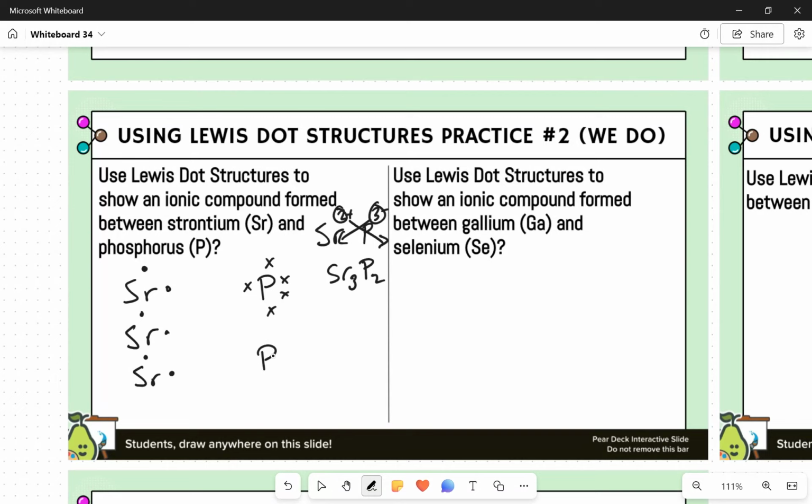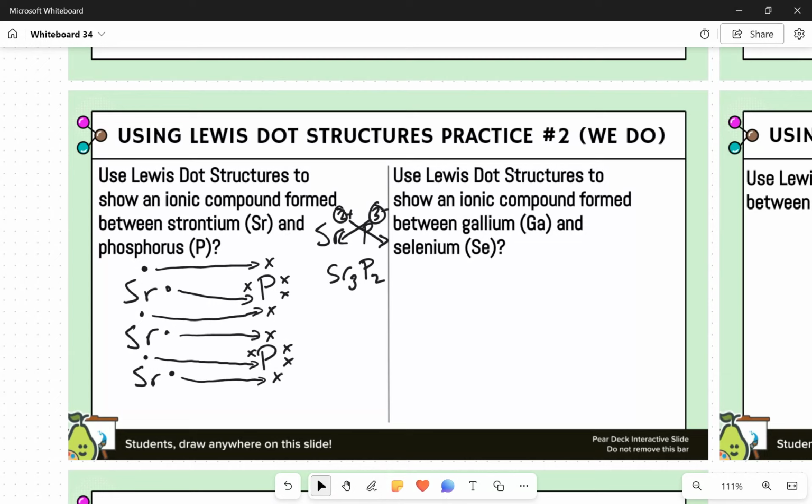And I need more phosphoruses. And now I'm just going to use these electrons to fill in the gaps. This one's going to go here. This one's going to go here. This one's going to go here. This one's going to go here. This one's going to go here. And this one's going to go here.